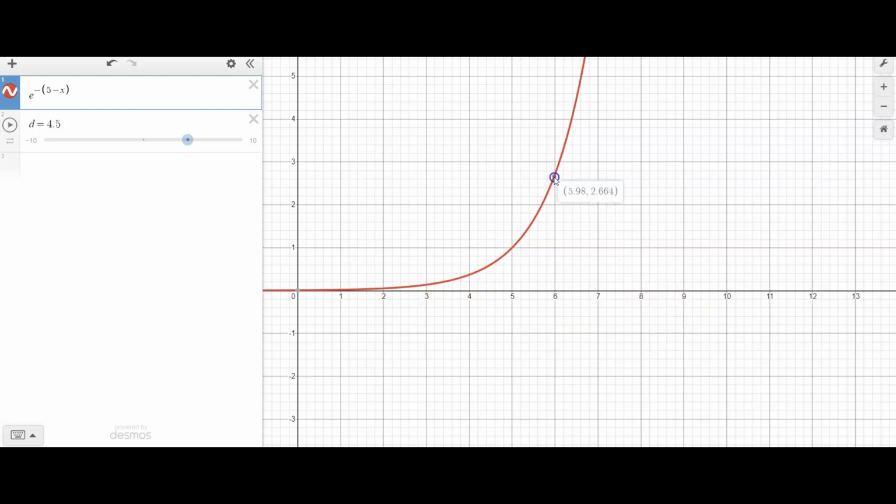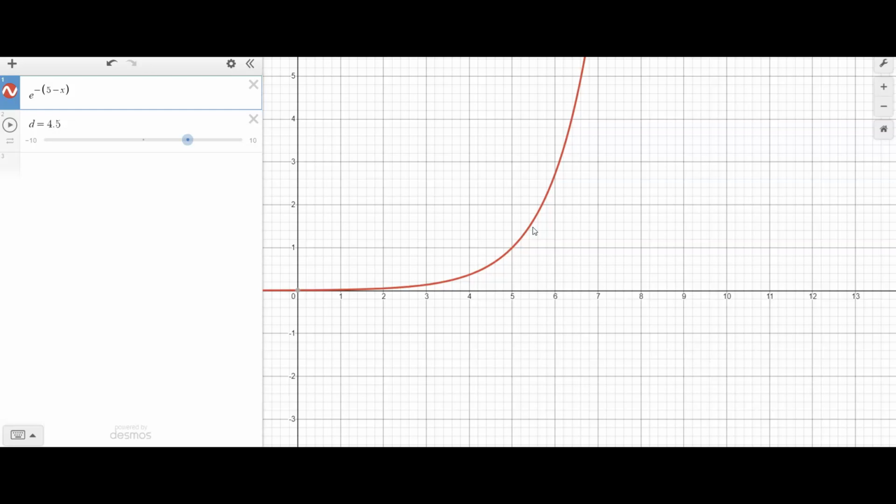So if you've taken a really high dosage after 1 hour, that concentration will be much higher than if you only took a low dosage of 4 milligrams after 1 hour. That blood concentration would be a lot lower. And that kind of makes sense too, because after 1 hour, we would expect higher initial dosages to have higher concentrations at t equals 1 hour. Then the same thing for the lower ones.